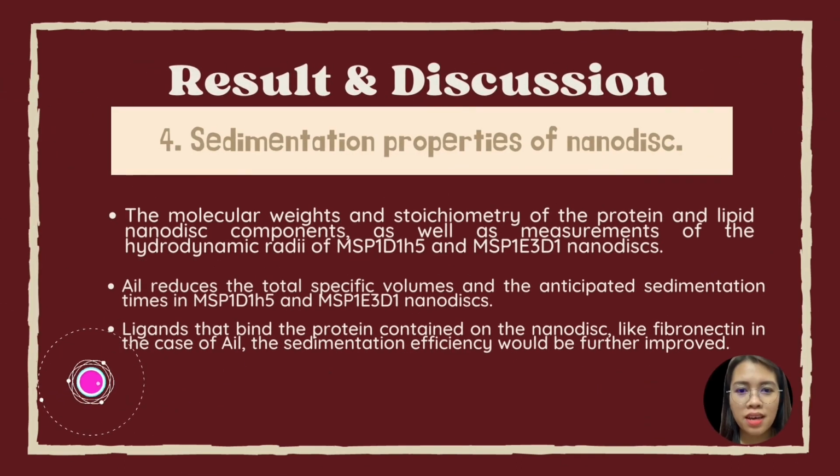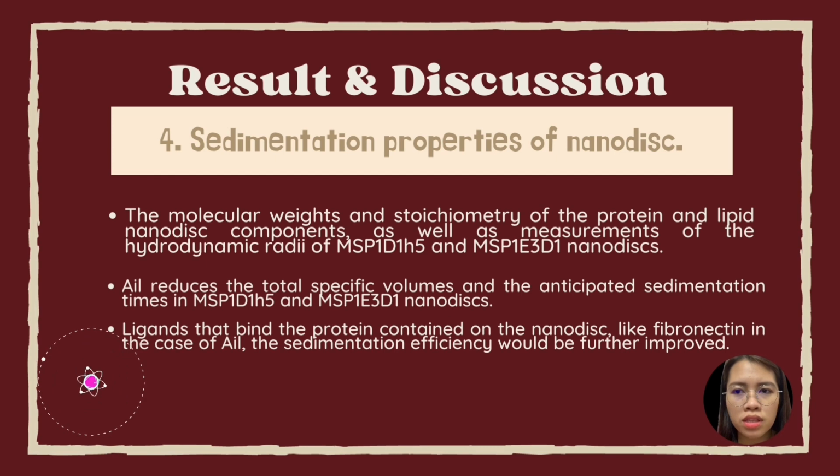The last part in the result and discussion is the sedimentation properties of nanodisc. The molecular weight and stoichiometry of protein and lipid nanodisc components, as well as measurement of hydrodynamic properties of MSP1D1H5 and MSP1E3D1 nanodisc.